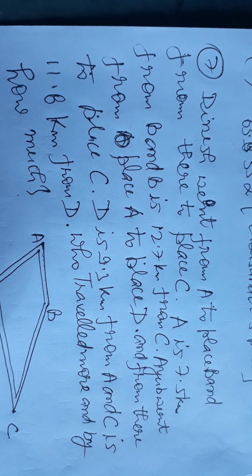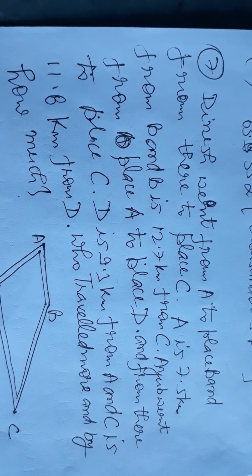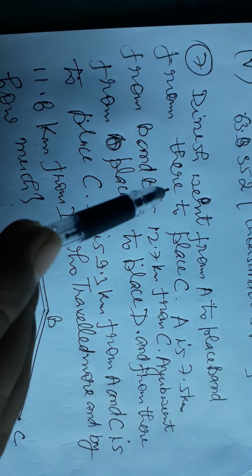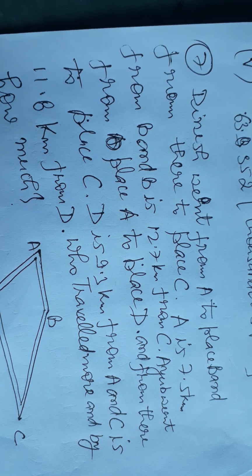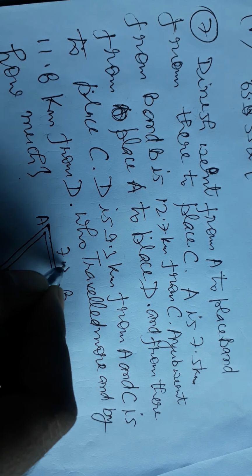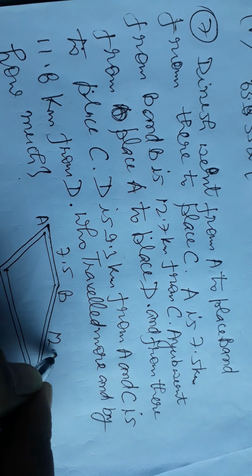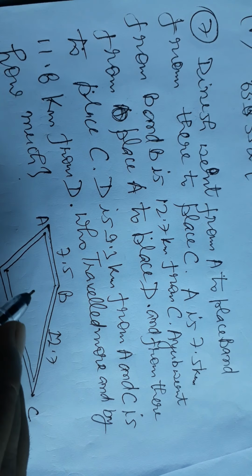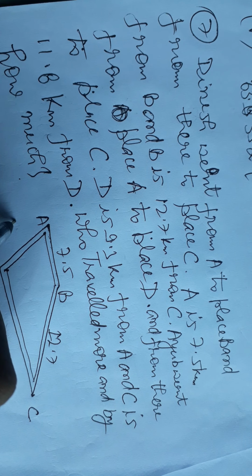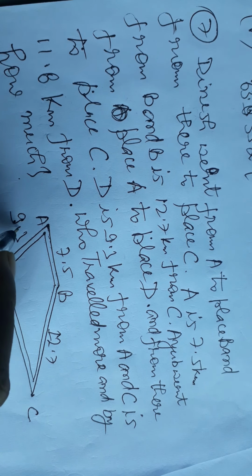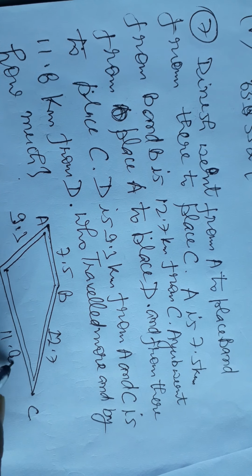Now, Dinesh went from place A to place B and from there to place C. A is 7.5 km from B and B is 12.7 km from C. Ayub went from A to D and from there to C. A to D is 9.3 km and D to C is 11.8 km.